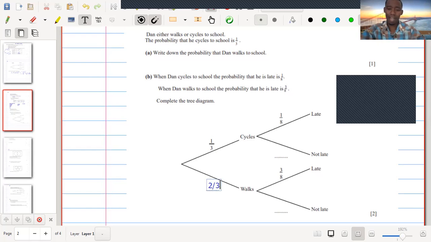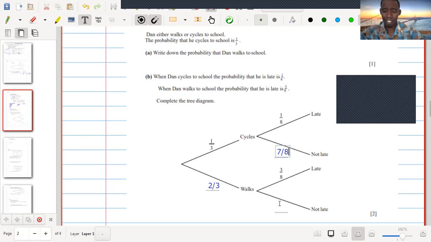Also, if you don't do that, you can take the sum of here and here, which must be equal to 1. If you add them together, you should get 1. Then here I have 1 over 8. I will take 8 minus 1, which is 7, and I keep my denominator, so 7 over 8.